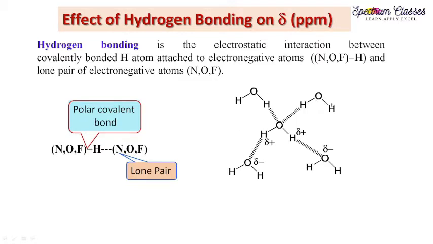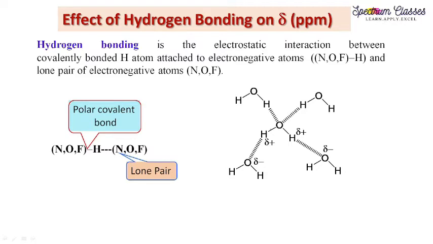Here I represented water molecules having hydrogen bonding. This is the central water molecule. Here this oxygen is covalently bonded with two hydrogen atoms, here is one and here is the second one. Due to its high electronegativity, this oxygen pulls the shared pair of electrons towards its side and therefore acquires a delta negative charge.